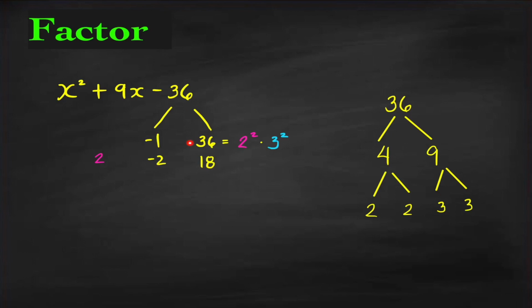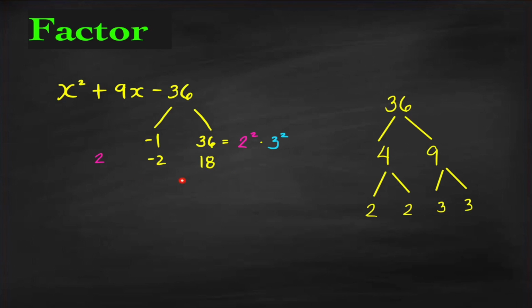So when you pull out the 2 here, you multiply that with negative 1, you'll get negative 2. So, of course, the new number here must be 18 because 36 is 2 times 18. So it's clear from this one that negative 36 is negative 2 times 18.